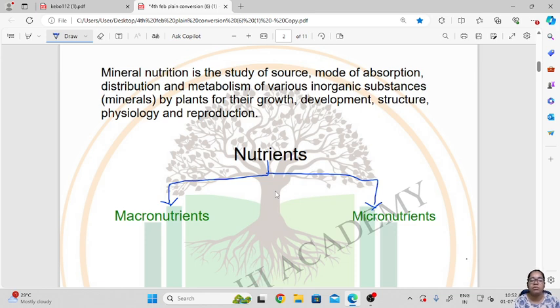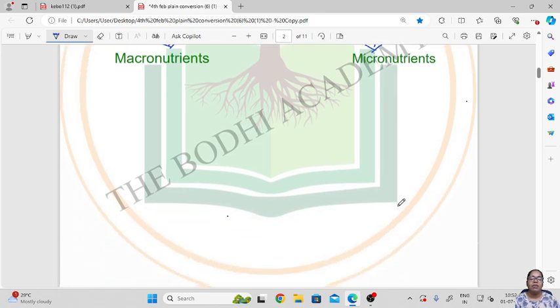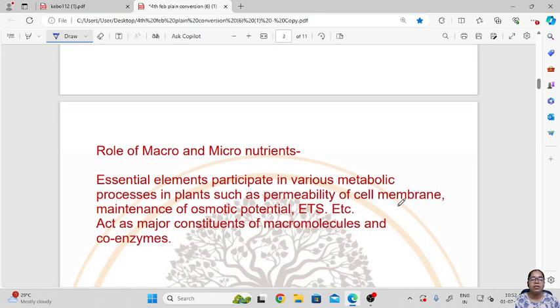Macronutrients are the nutrients which are required by the plant in a large quantity, that is, it is very essential for the plant's growth. Micronutrients are the smaller category of nutrients which are required by the plants but in a lesser quantity. Now let us see the main roles of these micro and macronutrients.